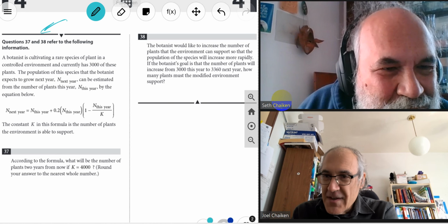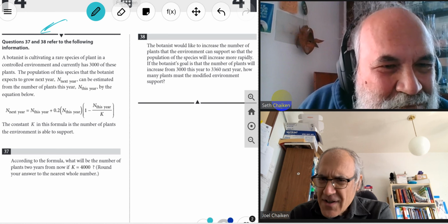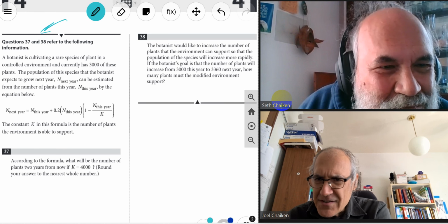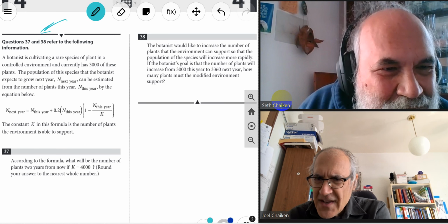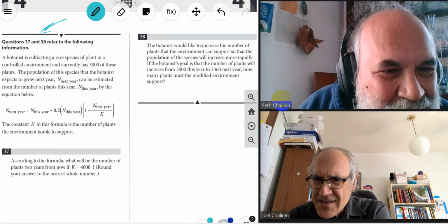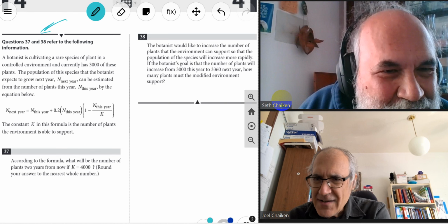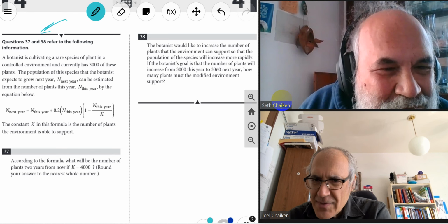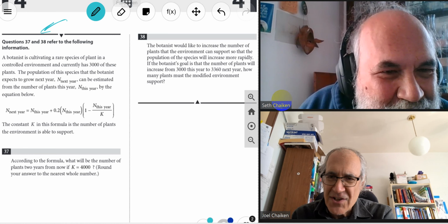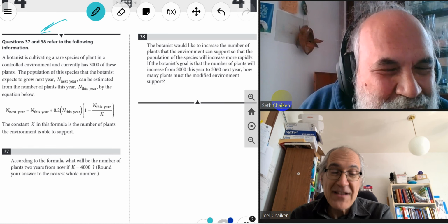All right. So it's obviously a word question. A botanist is cultivating a rare species and currently has 3,000 of these plants. The population of the species that the botanist expects to grow next year can be estimated from the number of plants this year by the equation below. This is called a recursion relation. What happens next year depends on what happens now.